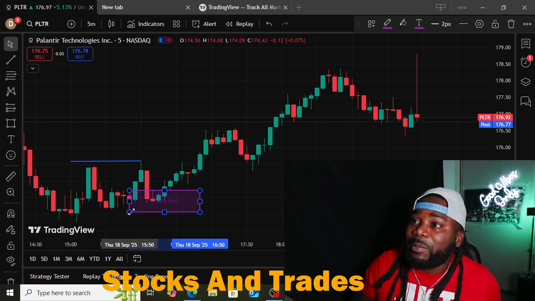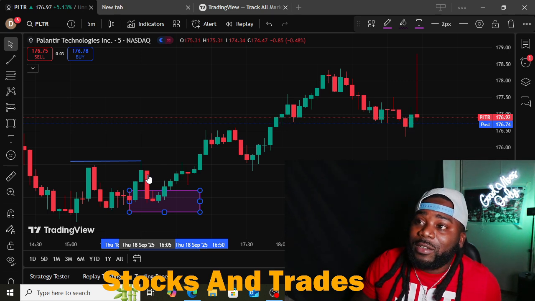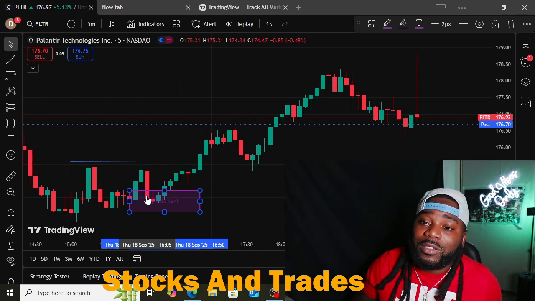Mark it from top to bottom. And you see this box right here? Then you're gonna go to the next red candle and watch it. If it come down in that zone that you marked from top to bottom, 9 times out of 10 your stock is about to go up.